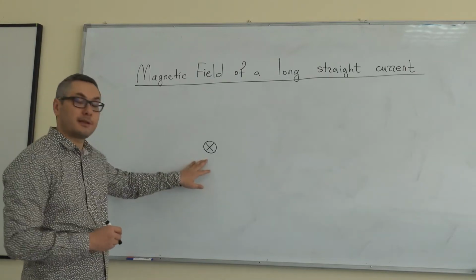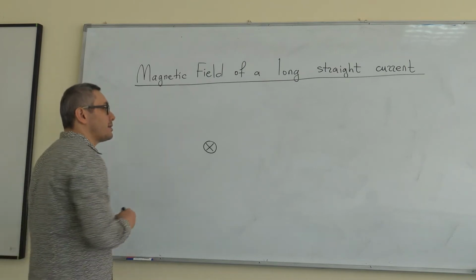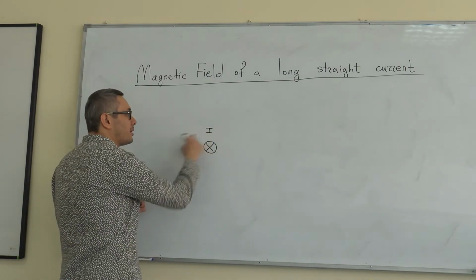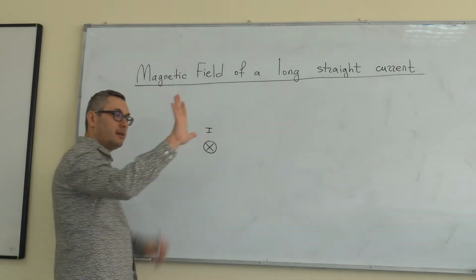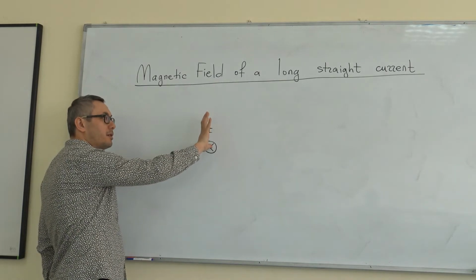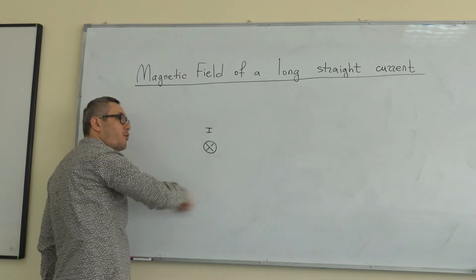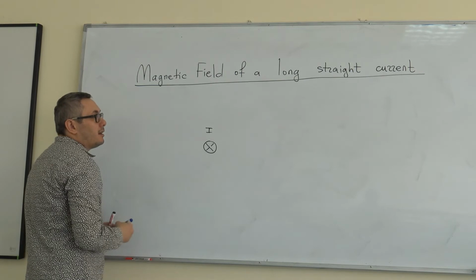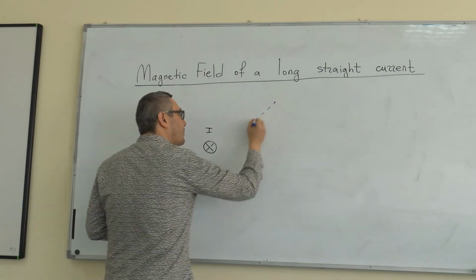Now let's look at an example when the current is going into the board. So this is the current pointing into the board. If the current is pointing into the board, then using the right hand rule, the thumb is pointing into the board. I curl my fingers, and so the magnetic field lines are going clockwise. If I want to know the direction of the magnetic field at this point, what do I do?